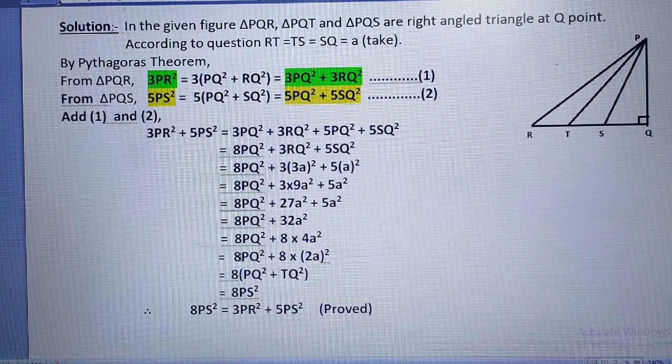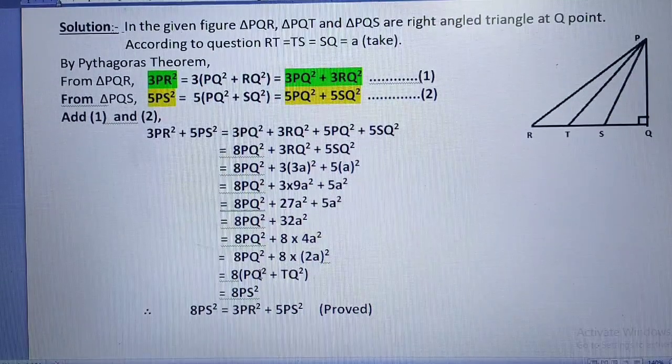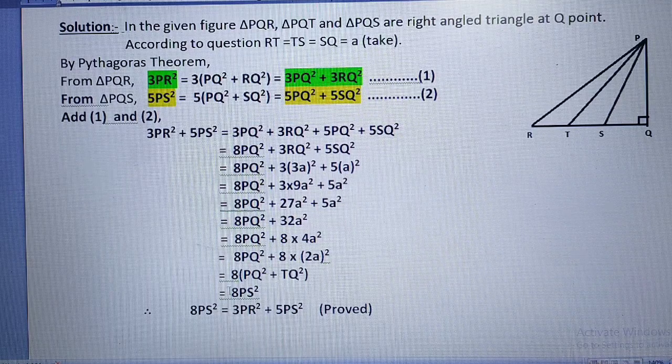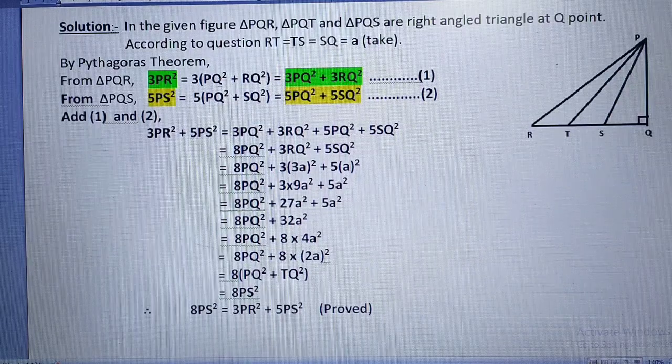Next step, 8 is common: 8PQ square plus 8 into (2a) whole square, because 4a square means 2a whole square. That is equal to, from these two terms 8 is common, 8 within bracket PQ square plus TQ square.